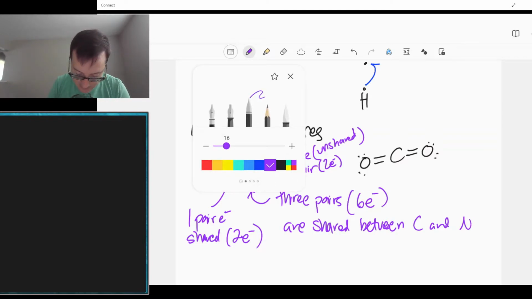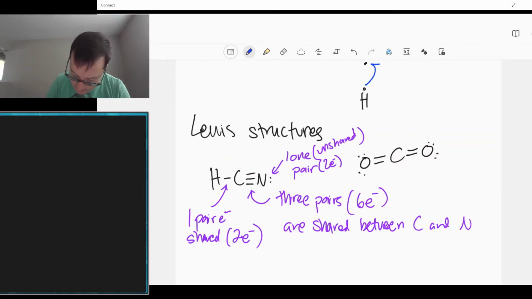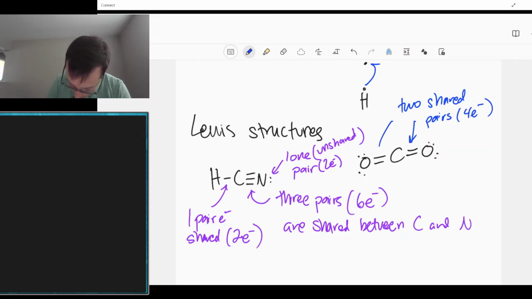And we see it's going to be the same case here. This is now 2 on either side. So this carbon is sharing 2 pairs on either side, so it's got 8 total electrons. And the oxygens each have 2 lone pairs, which is 4 electrons.